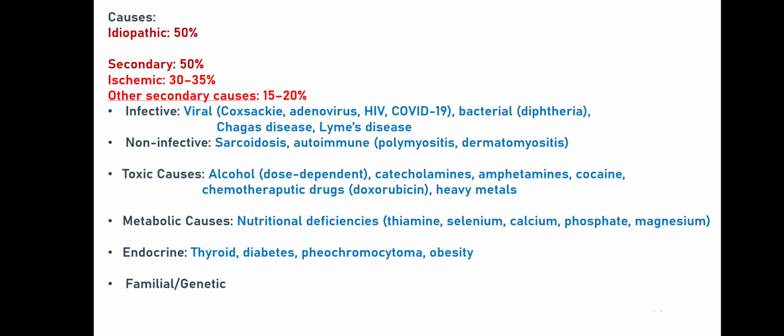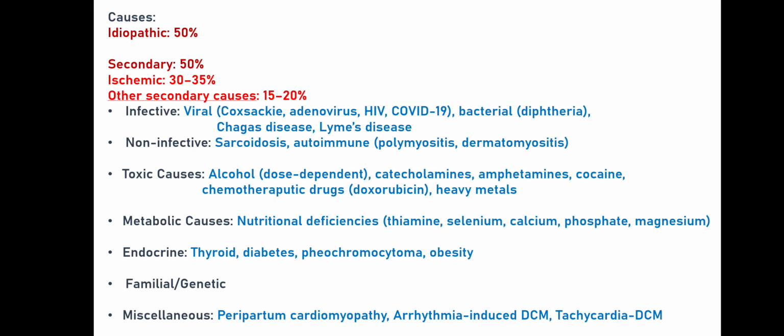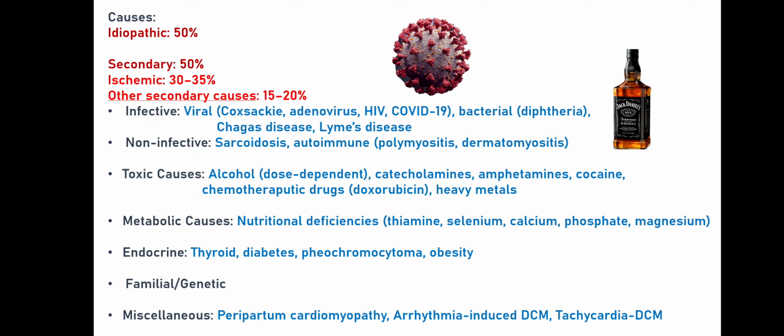Familial and genetic causes, and miscellaneous. Under miscellaneous are peripartum cardiomyopathy, arrhythmia-induced and tachycardia-induced dilated cardiomyopathy. Here we see the coronavirus and also alcohol, the most important cause of dilated cardiomyopathy.